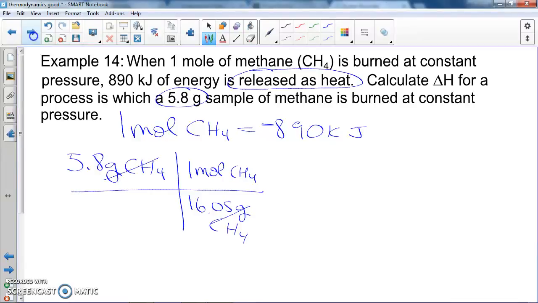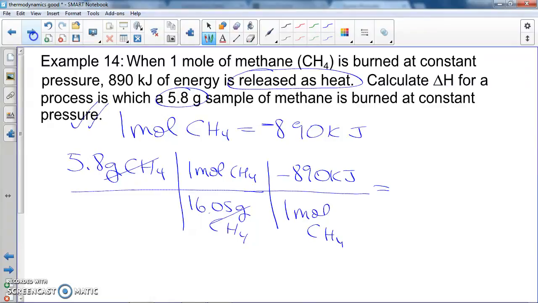So grams of methane cancel, now I have moles. But we know something new. We know a relationship that we see right here. We see for every 1 mole of methane, there is a release of 890 kilojoules of heat. Okay? So, as we do that math, we will get the answer.